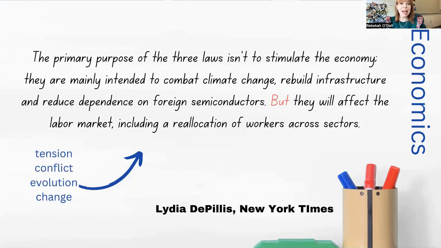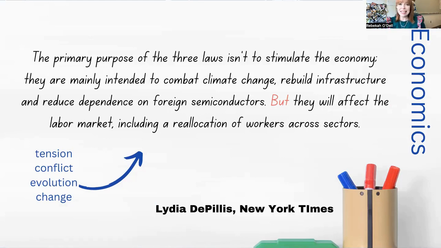Here's a final one. This is from economics, right? So even when we're talking about policies and laws and numbers and math, we can still use this word. The primary purpose of the three laws isn't to stimulate the economy. They are mainly intended to combat climate change, rebuild infrastructure, and reduce dependence on foreign semiconductors. But they will affect the labor market, including a reallocation of workers across sectors.